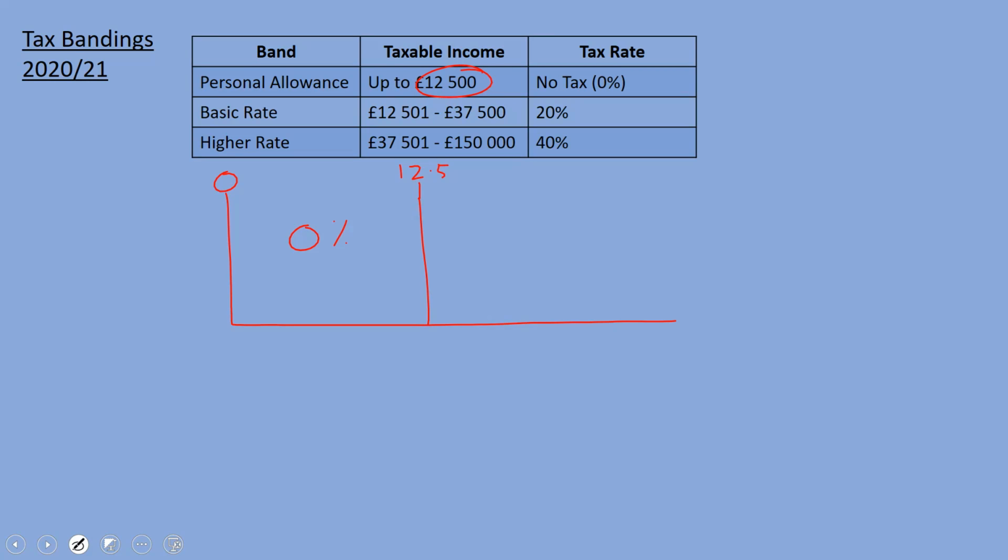And then this section here, going from 12.5 to 37,500, we pay 20%. And then anything over that, we pay 40%. There are more tax rates, or at least one more, but what we're looking at today is just these two tax bands.